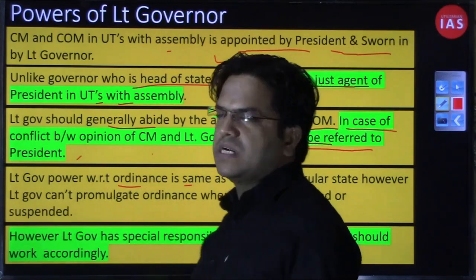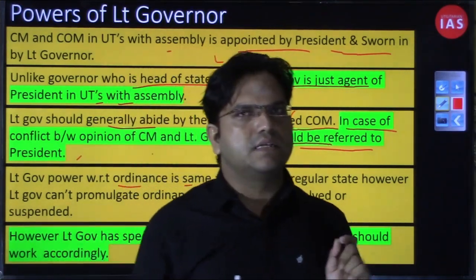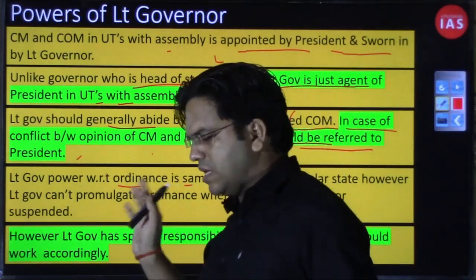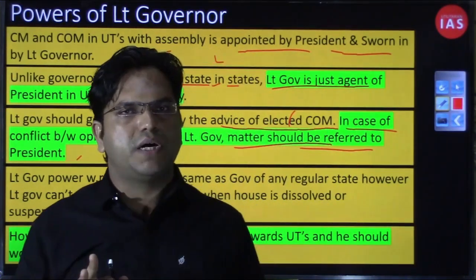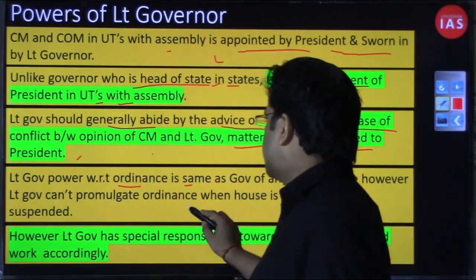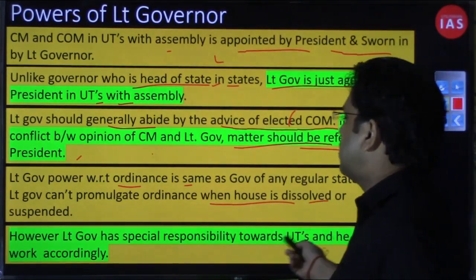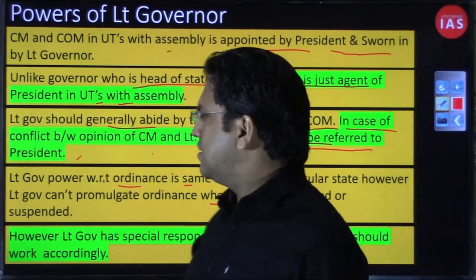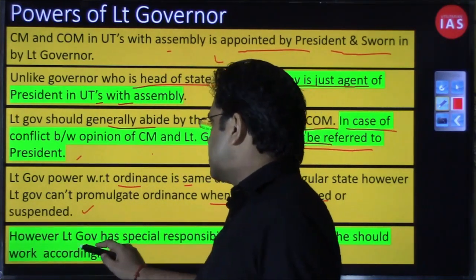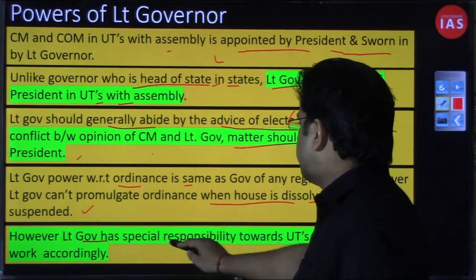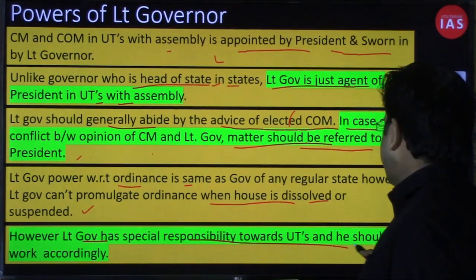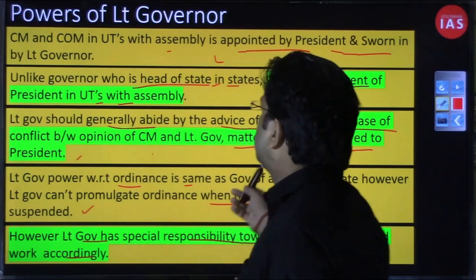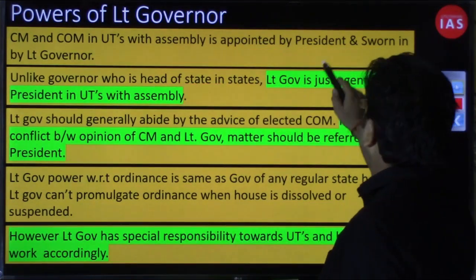The lieutenant governor's power on ordinance making is on par with the governor's. The only difference is that when the house is dissolved or suspended, at that moment the lieutenant governor cannot enact an ordinance. However, the lieutenant governor has a special responsibility towards UTs and should work accordingly. So this was all regarding the powers of the lieutenant governor.